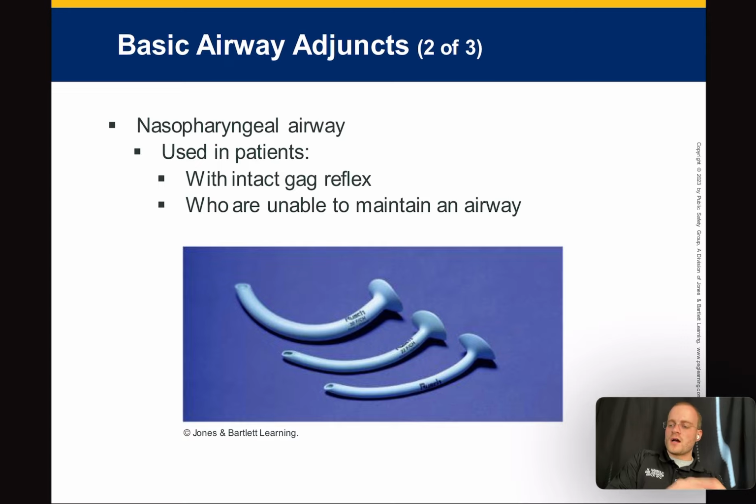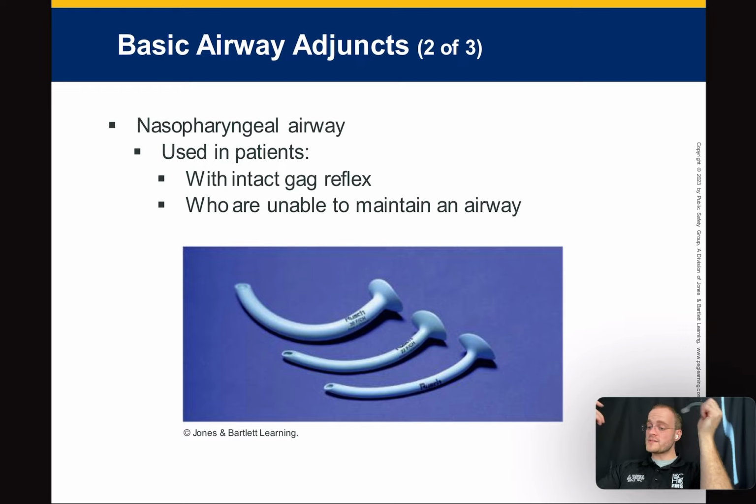Okay. And then we have these things called nasopharyngeal airways. Well, the cool thing about this is this goes, as you could imagine, through the nose, right, and to the nasopharynx. So it doesn't fully touch the back of the throat.